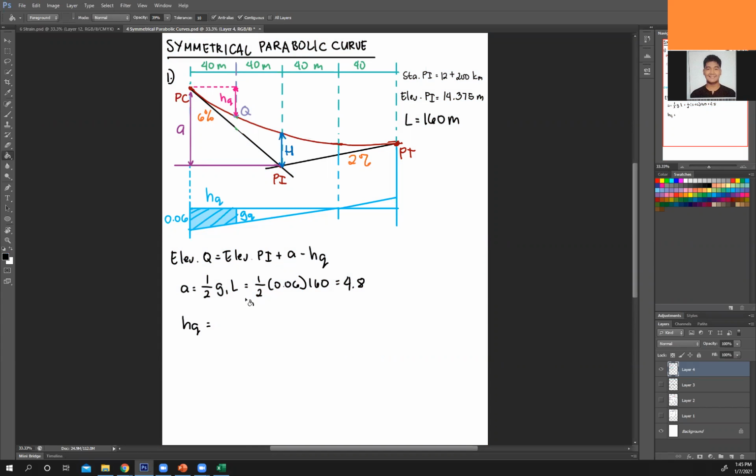Okay. So HQ, the area, this is a trapezoid. So GQ plus 0.06 over 2, base 1 plus base 2 over 2, times height. Height is this HQ.